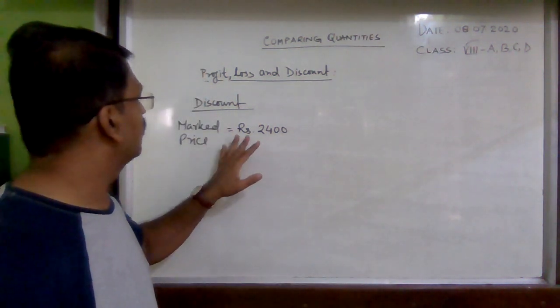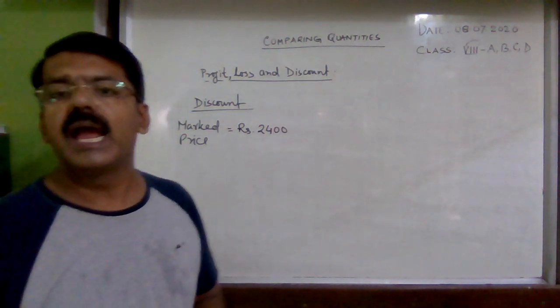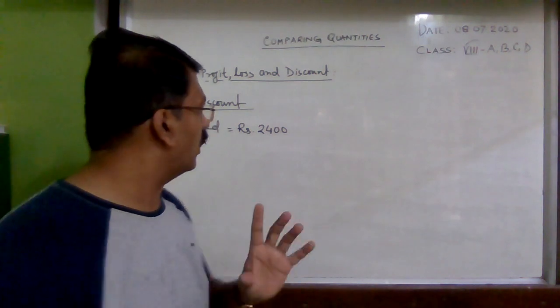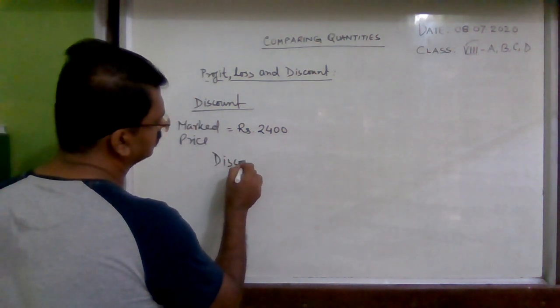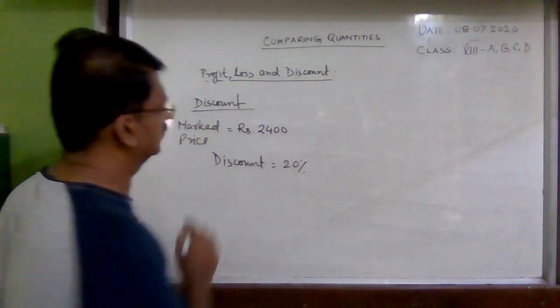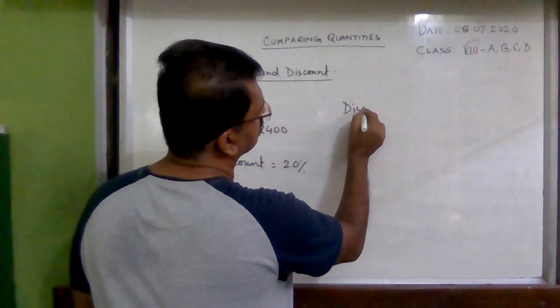So now the marked price of that pair of shoes is rupees 2400 and the shopkeeper is giving you a discount of 20%.